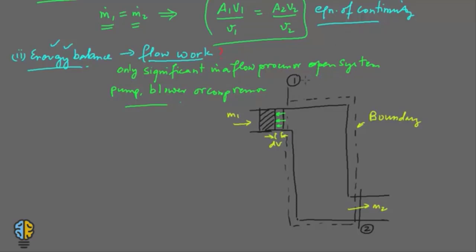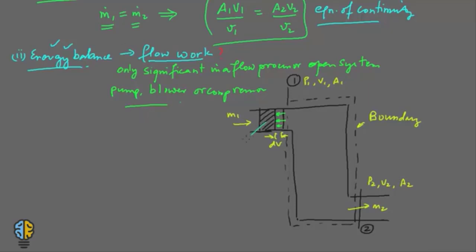Now let us say that at section 1 the pressure is P1, the volume is V1, and the cross section area is A1, and at section 2 the pressure is P2, the volume is V2, and the cross section area is A2.